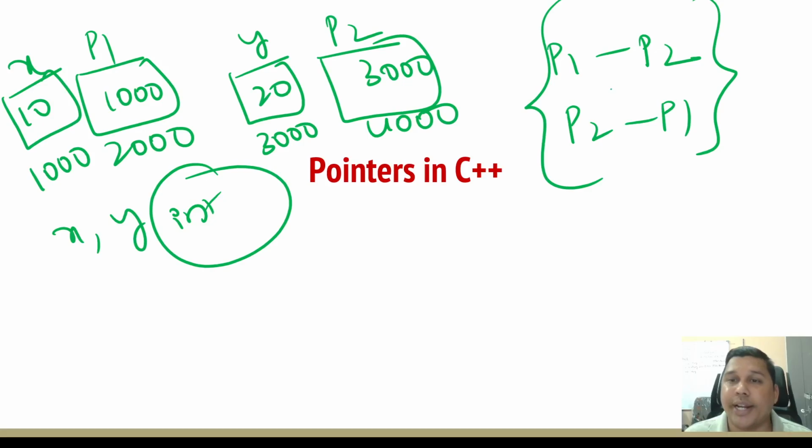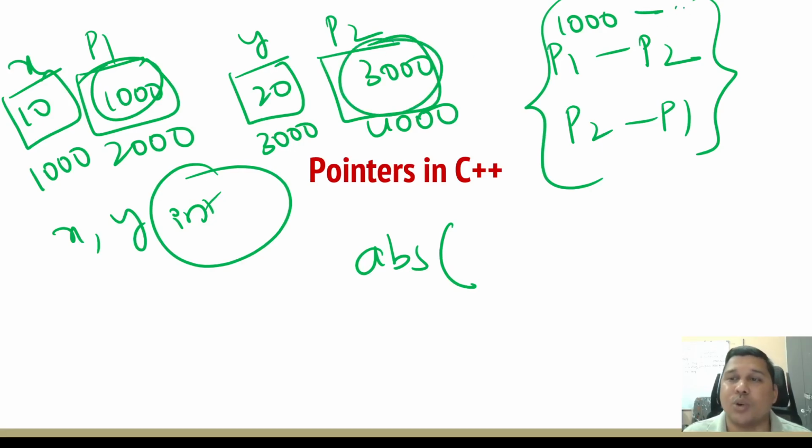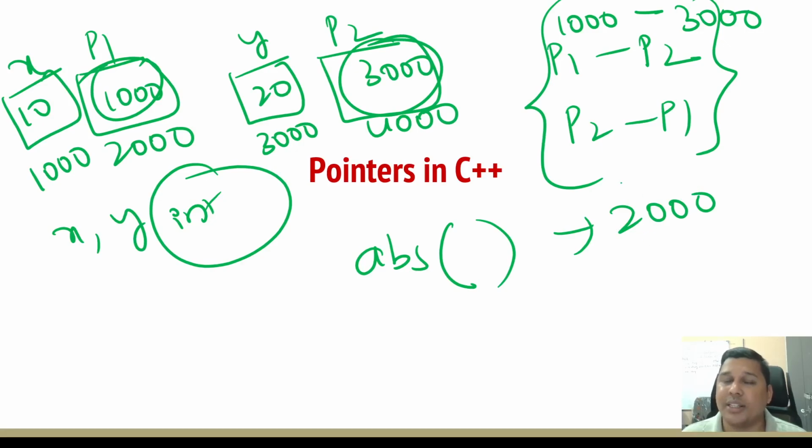How do you find out? Find the absolute difference between P1 and P2. P1 is 1000, P2 is 3000. So what is the difference? 2000. Absolute difference means minus will also become positive. So it is 2000, that is the absolute difference. Divide it by the size of the integer, that is 4.